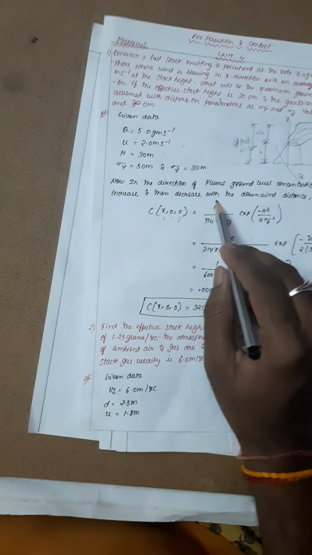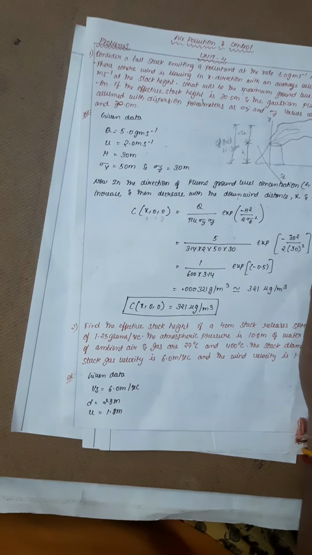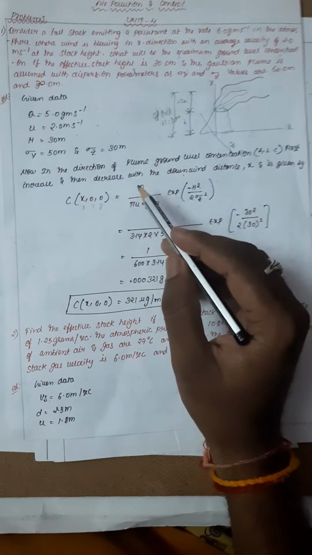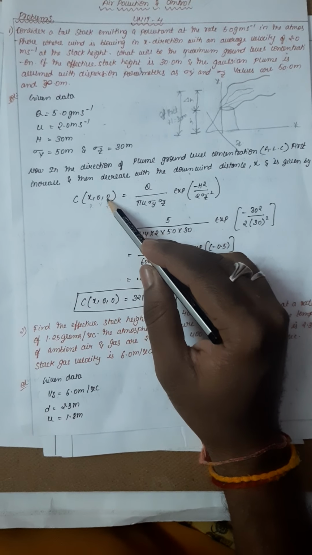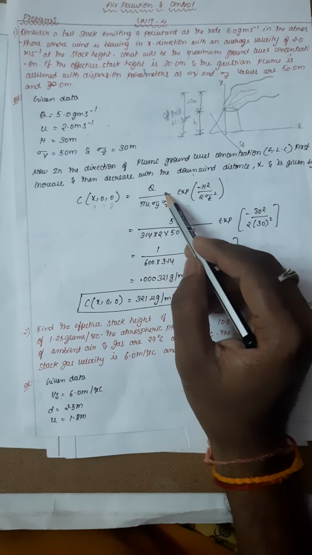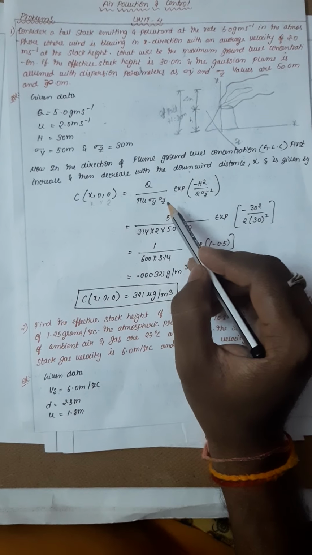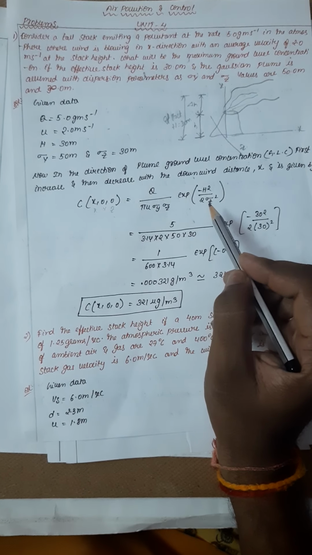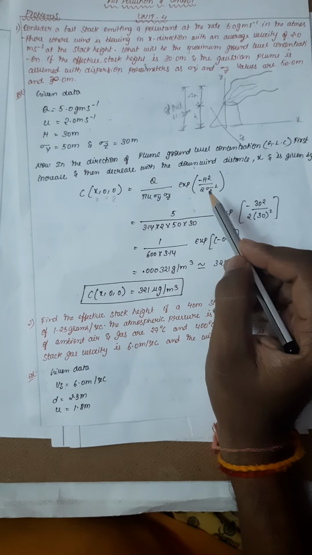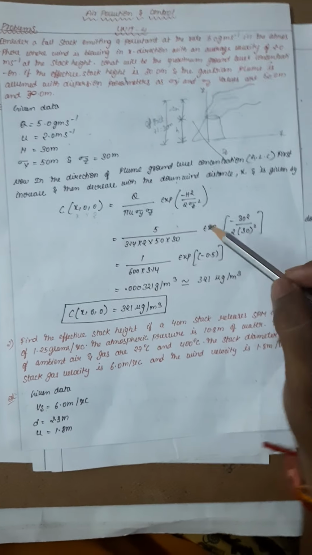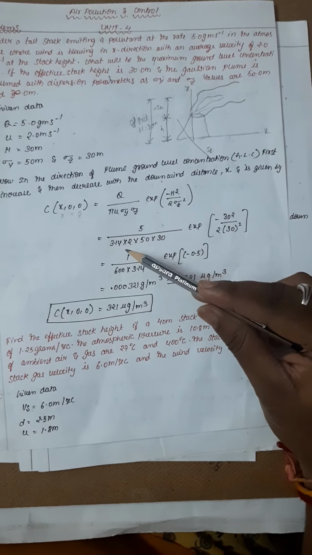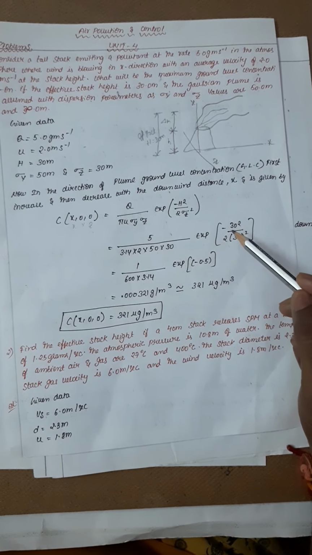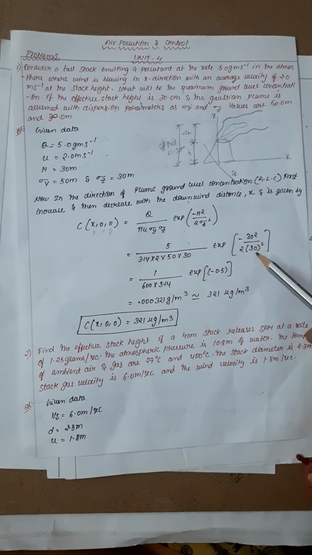According to the Gaussian model, the ground level concentration in the x direction is given by the formula C(x,0,0) equals Q by pi into u into sigma y into sigma z, times exponential of minus H square by 2 sigma z square. Substituting the values, pi into 2 into 50 into 30, exponential of minus 30 square by 2 into 30 square.